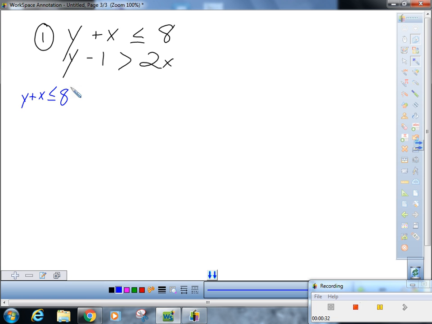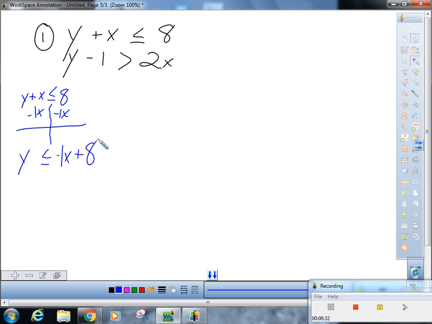So what do I have to do? Subtract x. That's a 1x, right? So I'm going to subtract 1x from both sides of that line. That gives me y is less than or equal to a negative 1x plus 8. You might be asking, why didn't you write it as 8 minus 1x? I could have.